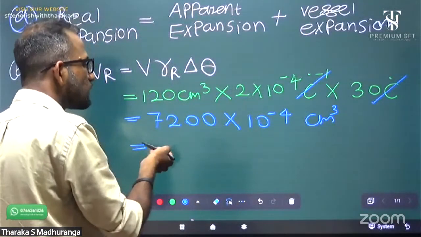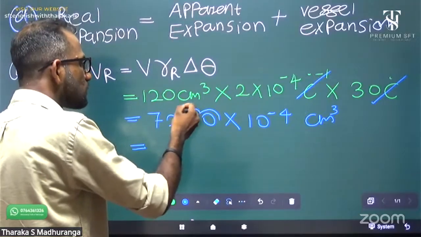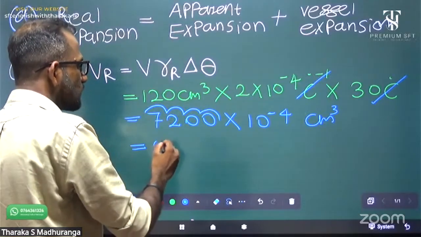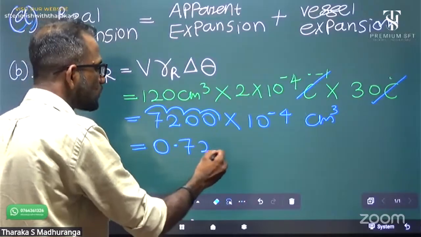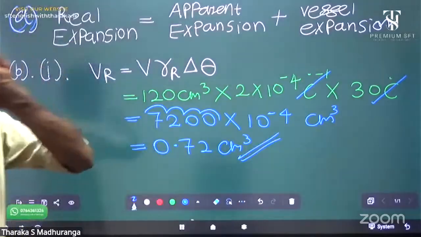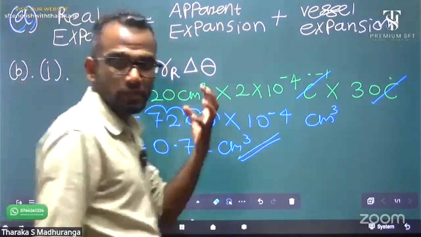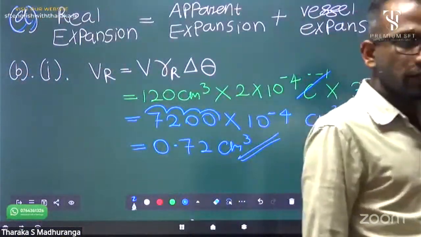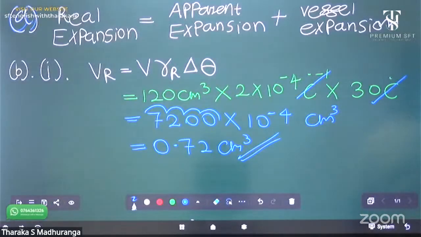Better to get a decimal value: 0.72 cubic centimeter is the real volume expansion.